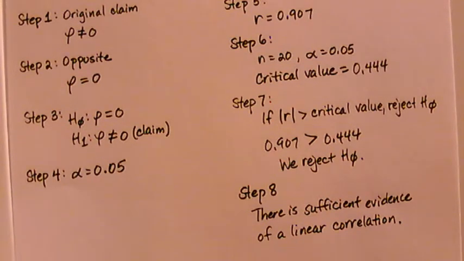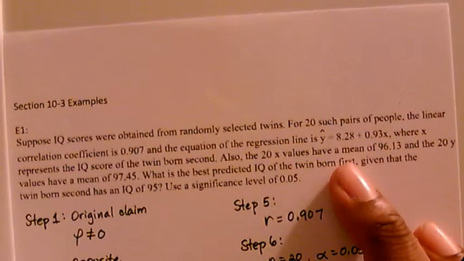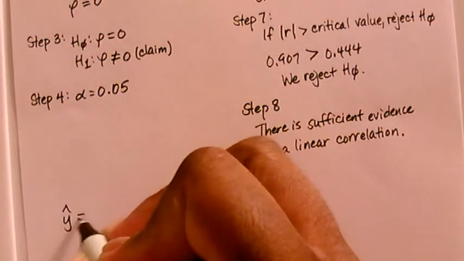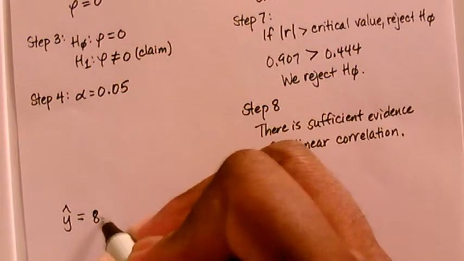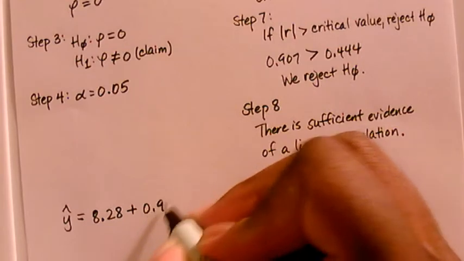Now, in this case, there is sufficient evidence of a linear correlation, so that means we can use the equation of the regression line. So I'm going to rewrite the equation: y hat is equal to 8.28 plus 0.93x.